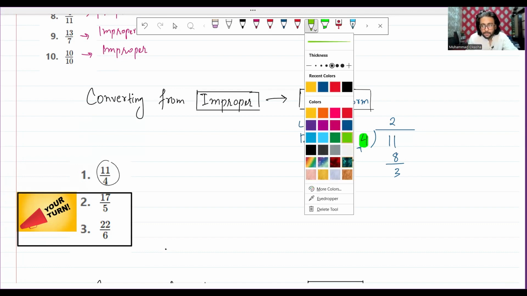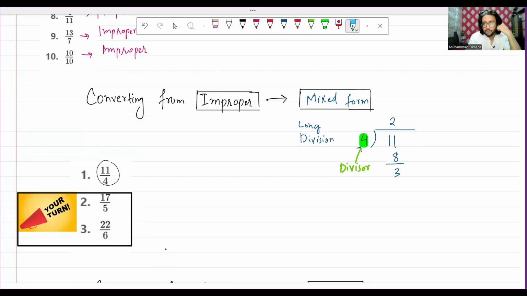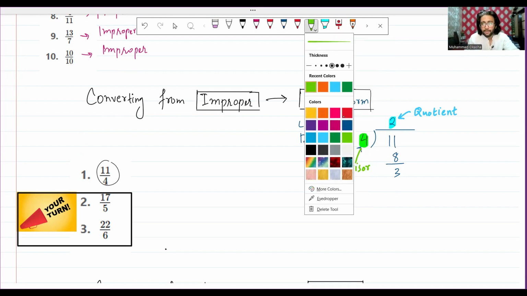This is the divisor. The one on top is called the quotient. And the one at the bottom also has a name. It's called the remainder, and this is pretty obvious.